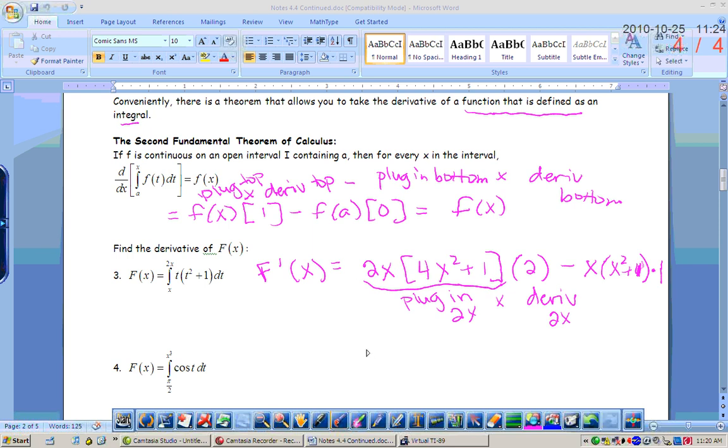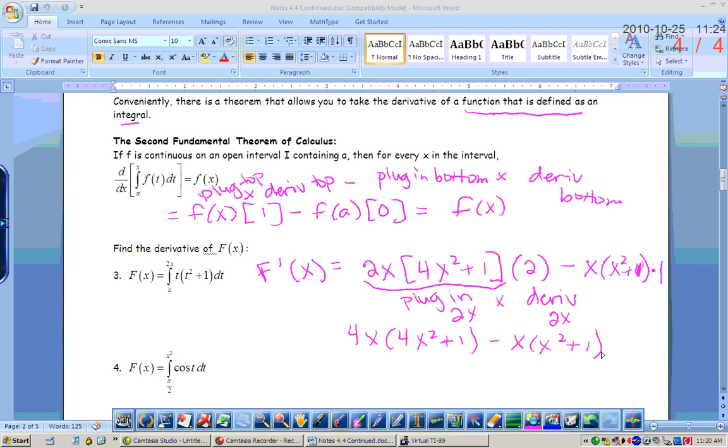Although 2x times 2 would be 4x. Let's do 4x times 4x squared plus 1 minus x times x squared plus 1. If it's a multiple choice question, I probably would have distributed and combined like terms. But for a free response, you really could have stopped at the first step if you really wanted to.